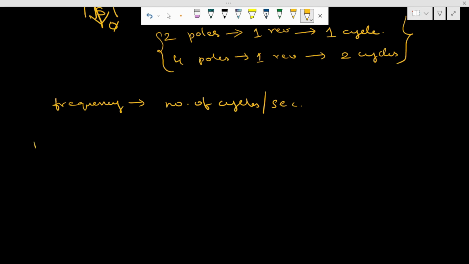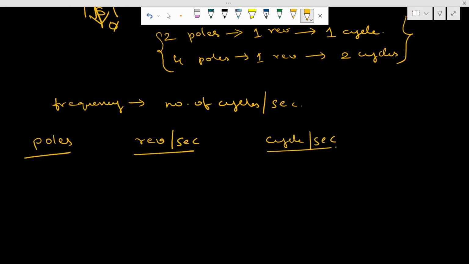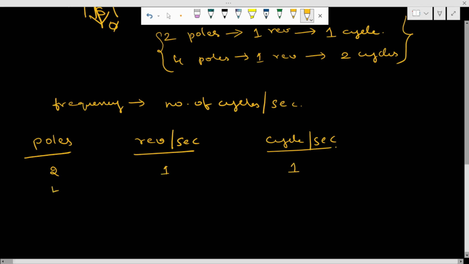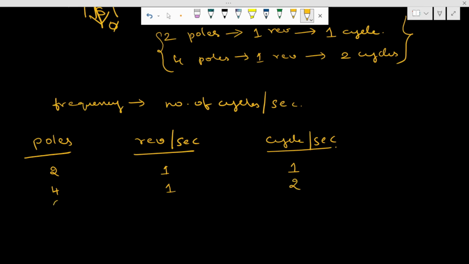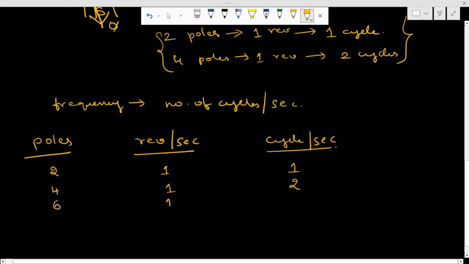Okay, let us consider all considerations per second. Let us take poles, revolutions per second and cycles per second. First we have taken 2 poles and we made 1 revolution, we got 1 cycle per second. Next 4 poles, 1 revolution, we got 2 cycles. Then with 6 poles and 1 revolution, you will get 3 cycles.